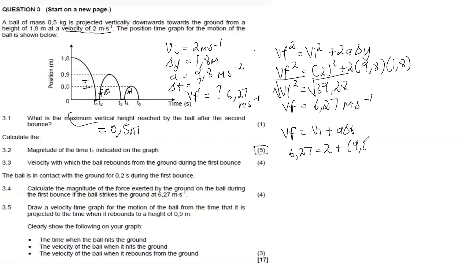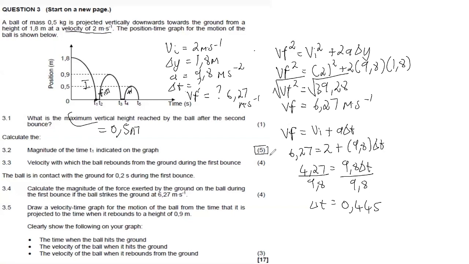Then I have the 9.8 and then delta T. Now at this point, I only need to transpose the 2 over to this side. So 6.27 minus 2, that's 4.27, equal to 9.8 delta T. If I divide both sides by 9.8, then delta T is equal to 0.44 seconds. And just like that, I would have my solution.